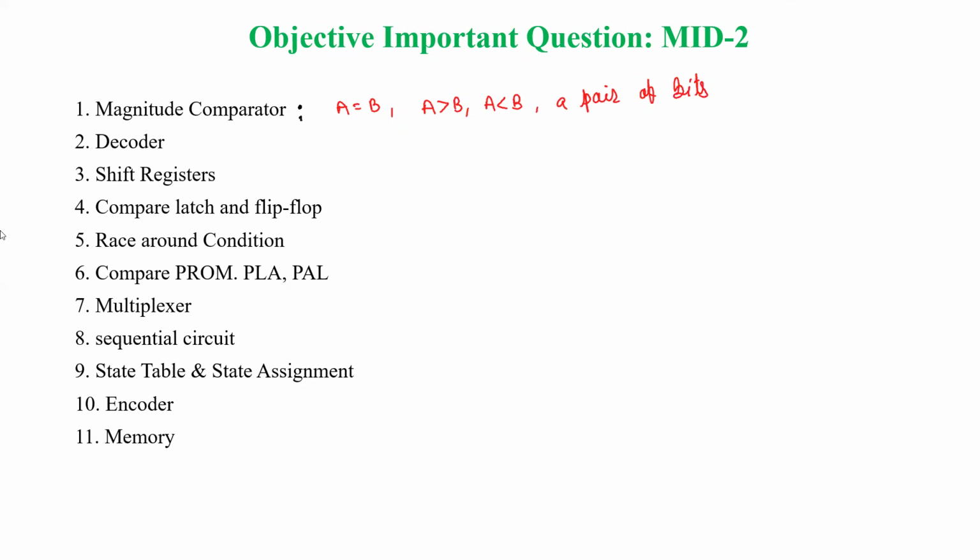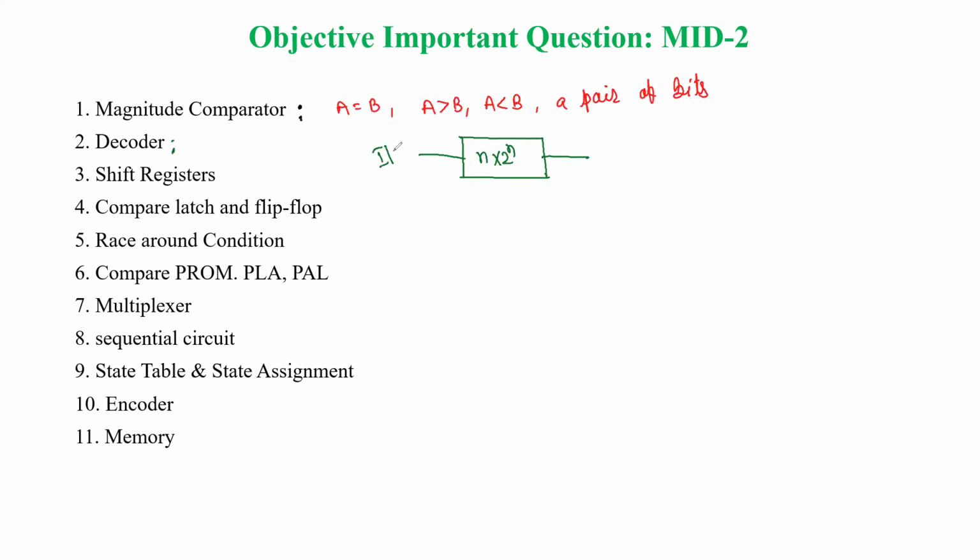Next question, can we define the decoder? What is the decoder? Or draw the block diagram of the decoder. In case of decoder, you can represent the decoder with the help of a block diagram. It is a combinational circuit which has n number of inputs and it will produce a maximum of 2 to the power n outputs.